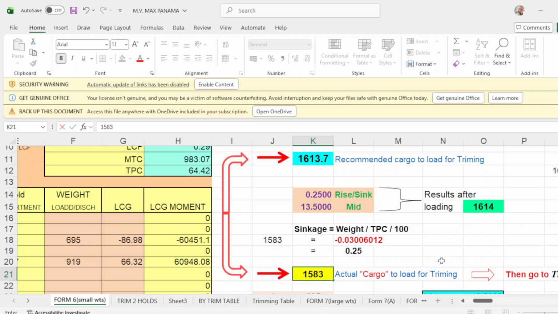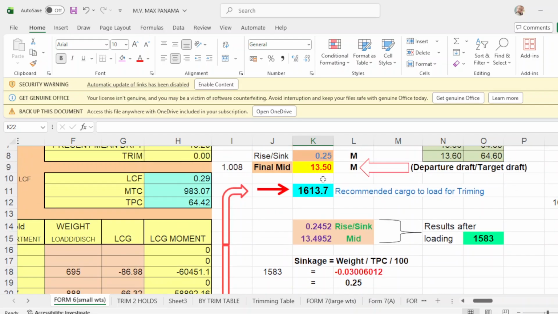So I press enter. When you load 1583, what are the results after loading 1583? Look at your mid drop. It's not exactly 13.5, which is less, and your sinkage is less than 0.25, then you have 0.24.